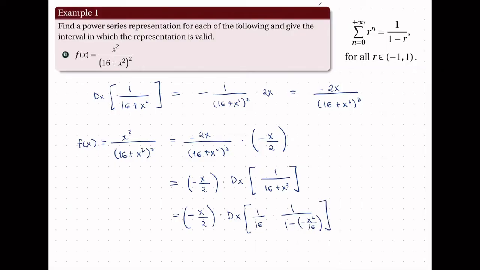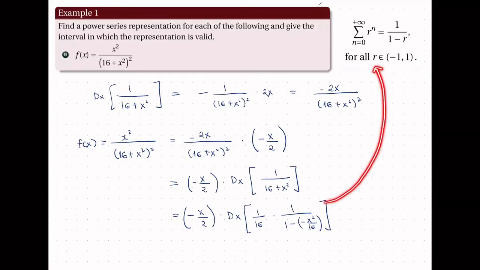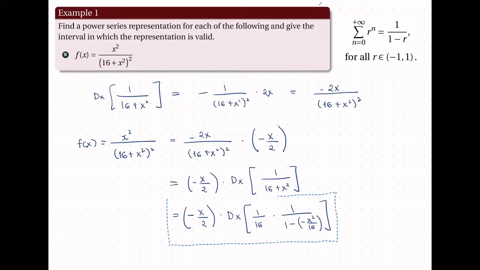Okay? And then, itong factor na ito ay already of the form 1 over 1 minus r, where r is negative x squared over 16. So, pwede natin gamitin yung result na ito. Okay? Okay, let me copy this first.